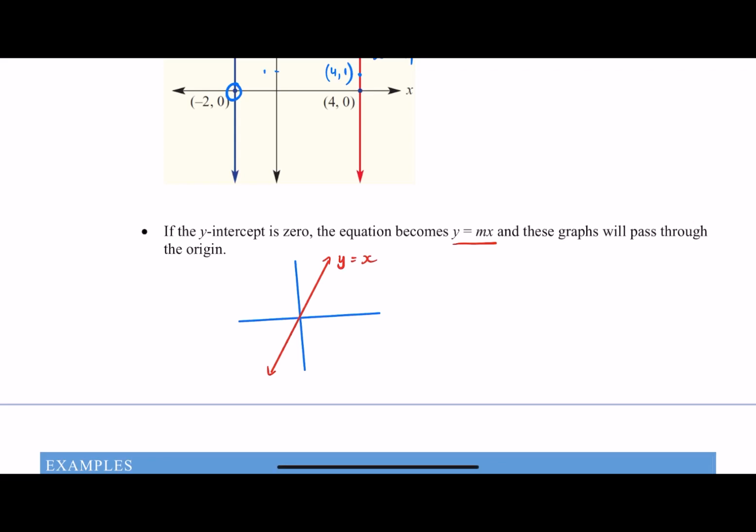We could also have the line maybe looking like this, y equals 2x. So it's still in the form y equals mx plus c, but the c is 0 because it's going through my y-intercept. My y-intercept is 0, so it just becomes the equation y equals mx.